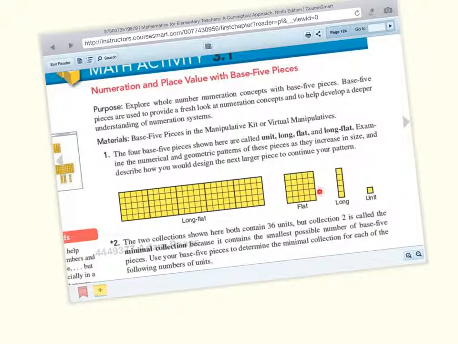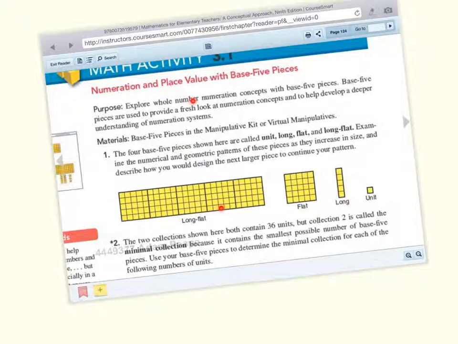Over here, we represent them in as few pieces as possible. Of the 36, the largest piece we could have is one flat, 5 by 5 or 25. If we take away 25 from the 36, we're left with 11. Of those 11, we can make 2 longs, or 10, leaving us with 1 unit.